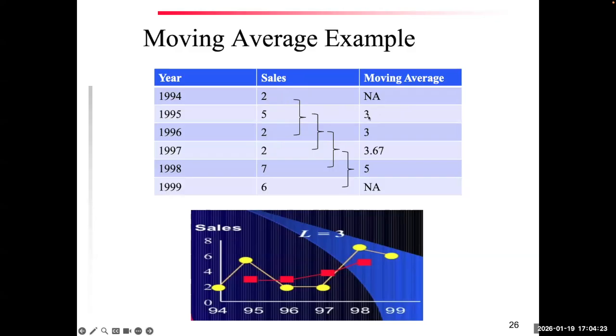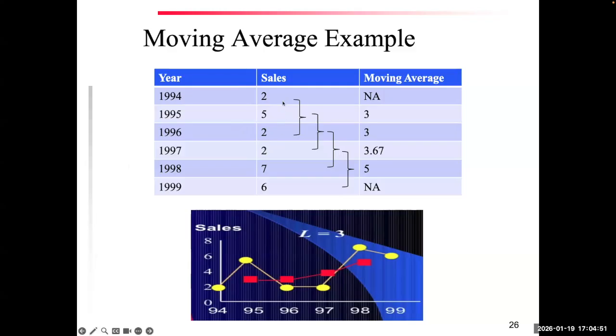Does the window size have to be an odd number? In this case, it's an odd number. But if it's an even number, how would that work? What would your window size be? Can it be an even number? So you want to, for example, for year 1996, get 2 previous years and 1 next year.